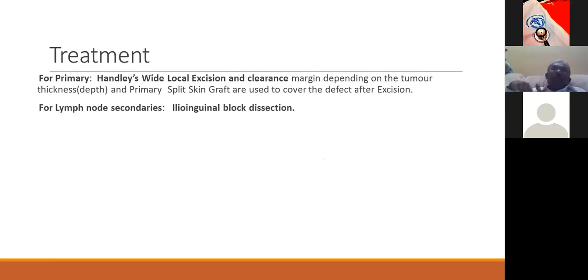That is sufficient. But then as you dissect, there are associated features of neurotropism, or vascular involvement, or extracapsular spread of the tumor from the node you dissect, then you go for one station above. All right, that is what you are expected to tell.